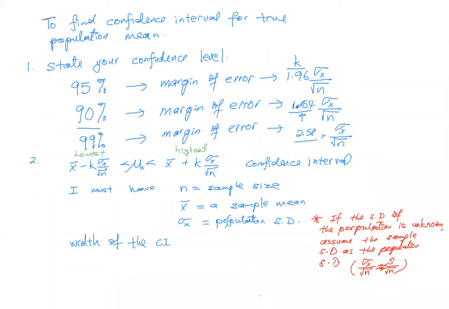So we will write this as W. So you tell me what is the width? Width, we will take the highest minus the lowest, correct? So we will get this 2 times. So that means indirectly, I can say that the width is 2 times the margin of error.